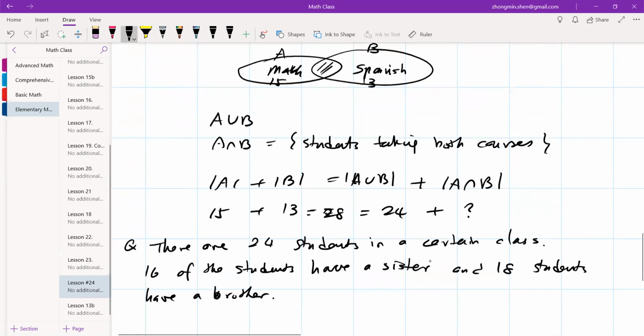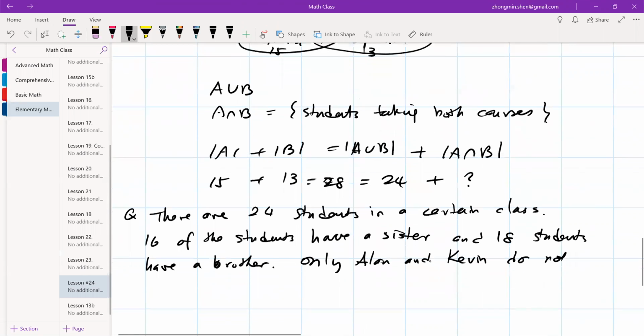In this class, only Aaron and Kevin do not have any sibling.